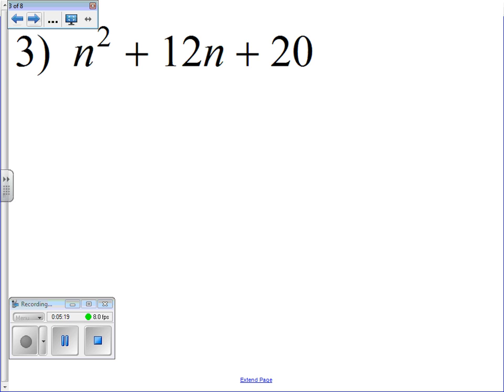Okay, a is 1 again. This is in standard form, 1 n to the second power. A is 1, B is 12, C is 20.